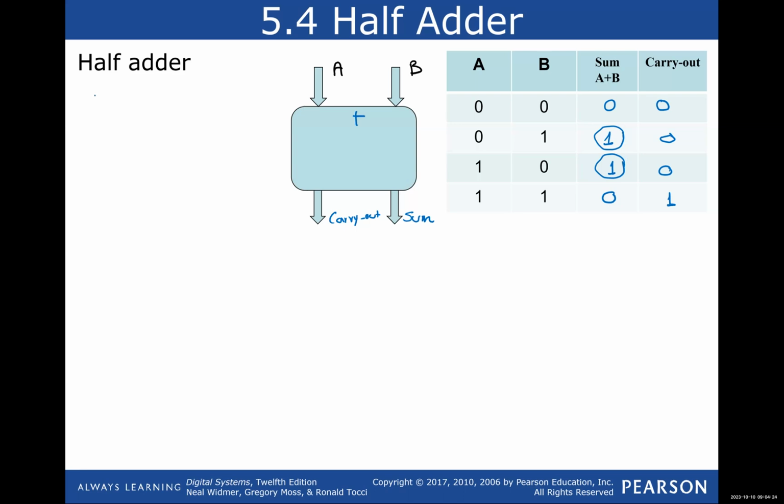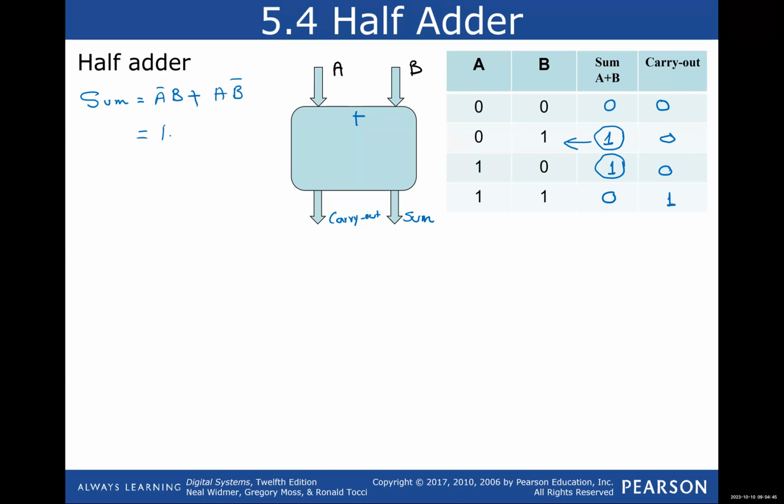So the summation is equal to the first minterm here, which is going to be what? A complement, B, and the second one, A, B complement. Can someone tell me what is that circuit? The XOR.